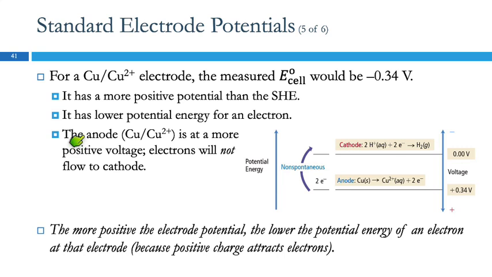So because the copper electrode here would be at a more positive voltage, the electrons are going to flow from the standard hydrogen electrode to it. And so we've got the copper electrode being positive relative to the standard hydrogen electrode. The more positive the electrode potential, the lower the potential energy of an electron at that electrode, because positive charges attract electrons.